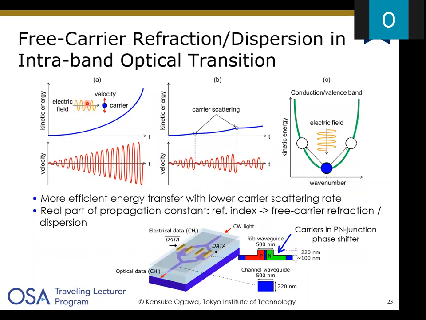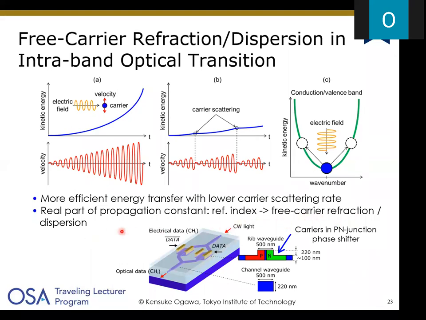So the electric field of the optical signal light wave is input to the waveguide doped with carriers. So the electric field is interacting with the carriers. And the energy transfers from the optical electric field in the light wave to the carriers, that will cause free carrier absorption, and free carrier refraction as a counterpart of the free carrier absorption.